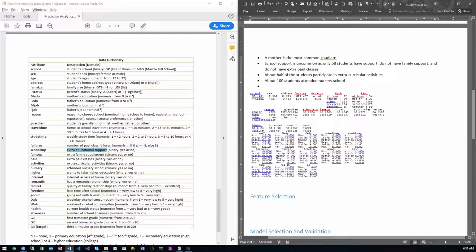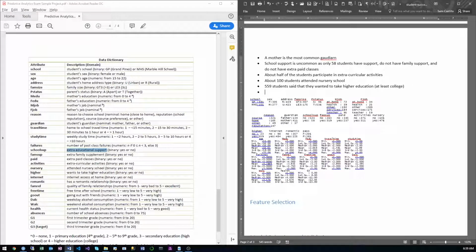Higher is wants to take higher education. 559 students said that they wanted to take higher education. I'm assuming that's at least college. This would imply that these are high school students.